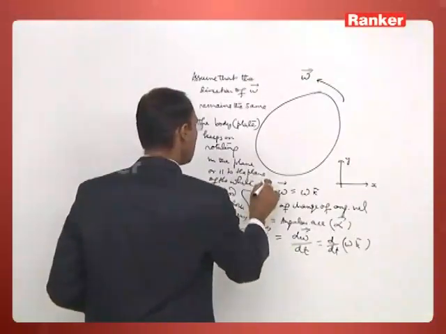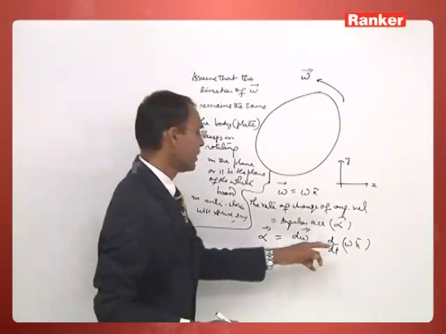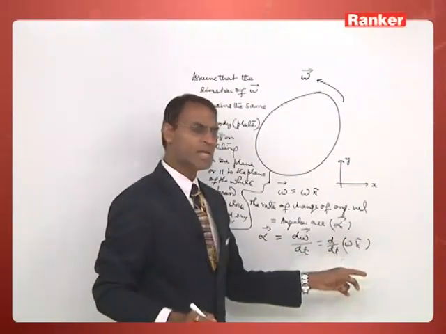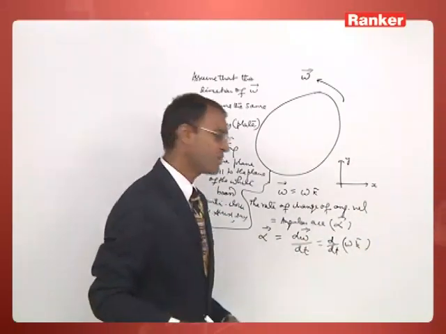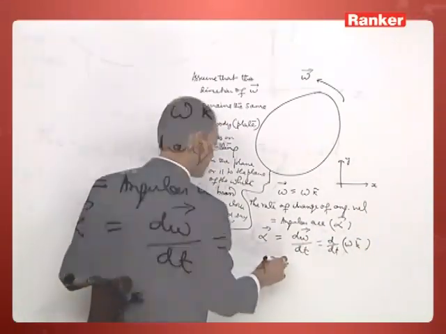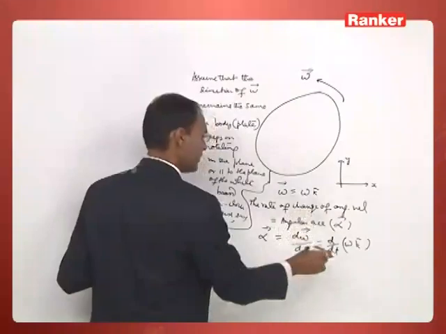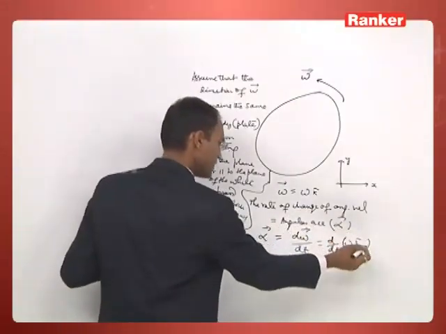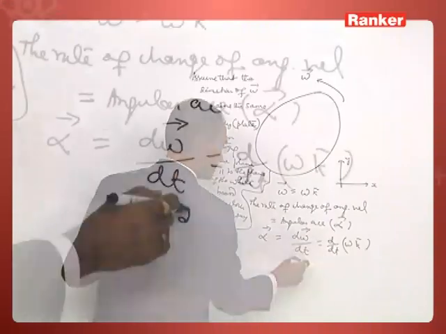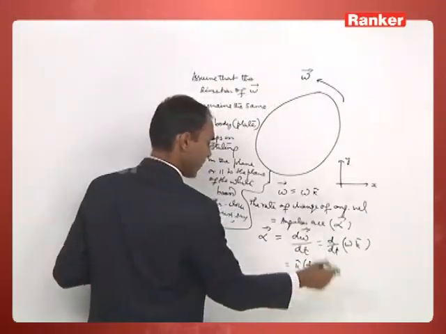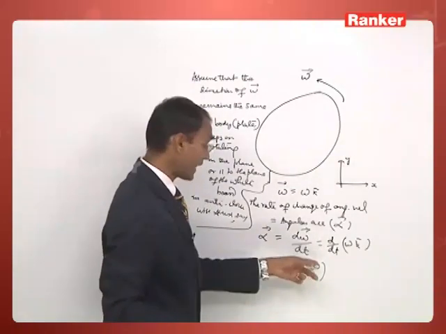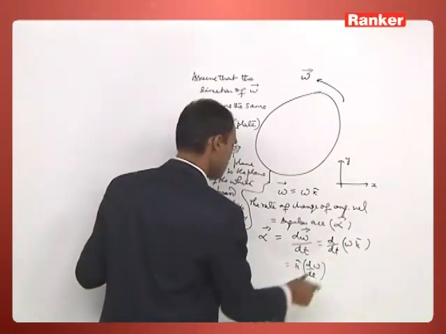Under this assumption, so long as it is moving in anticlockwise sense, the direction k cap remains constant. And since the direction remains constant, take the constant vector quantity out of the derivative. So we are getting just the derivative of the magnitude of the angular velocity, or the angular speed.